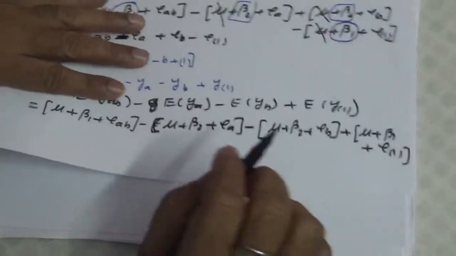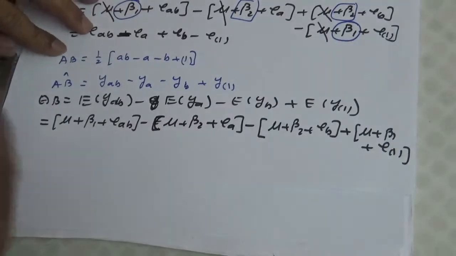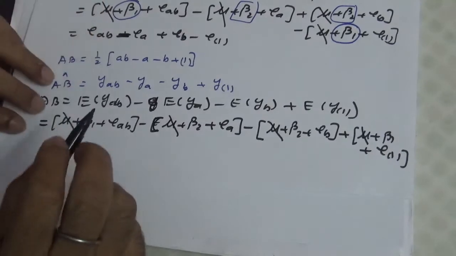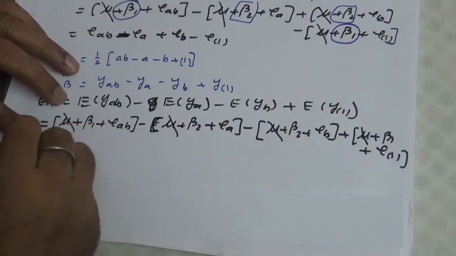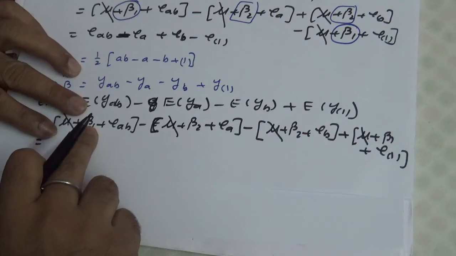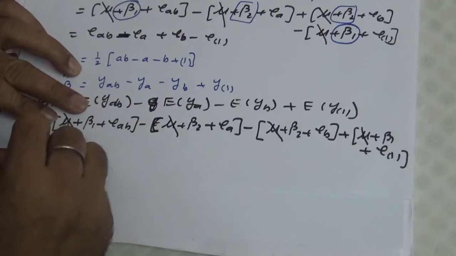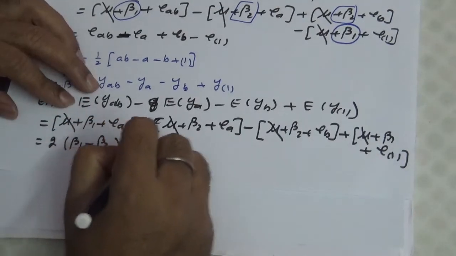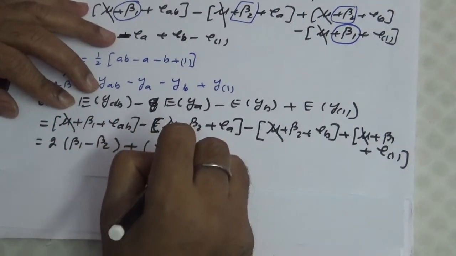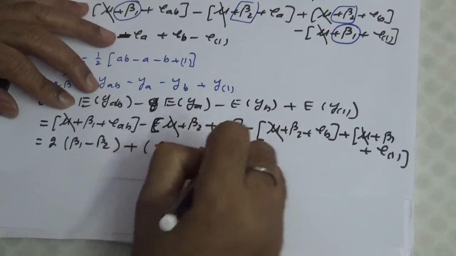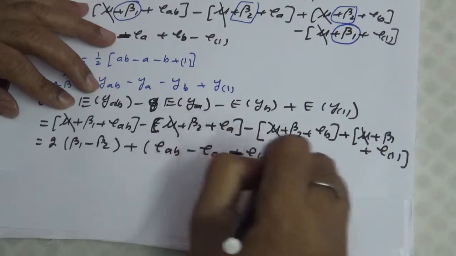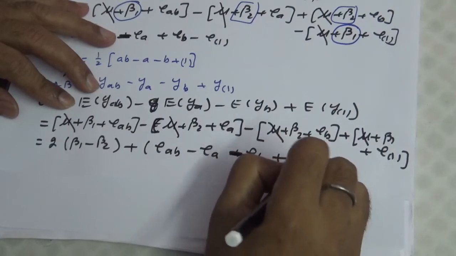Okay, now you see what will happen. This mu will get cancelled out. And now what are you getting here? This beta 1 and this beta 1 are not getting cancelled out, but this becomes twice of beta 1 minus beta 2 plus tau AB minus tau A minus tau B plus tau 1.